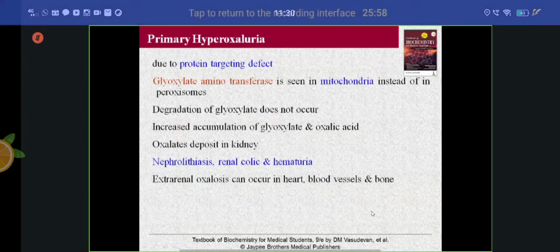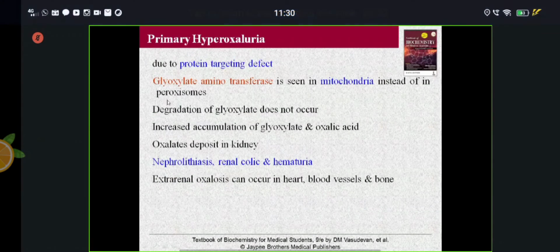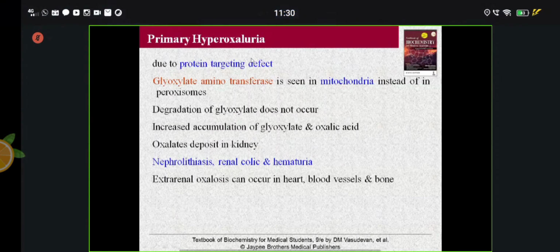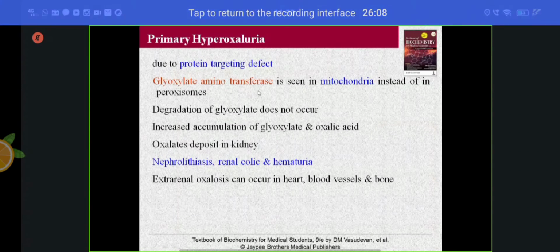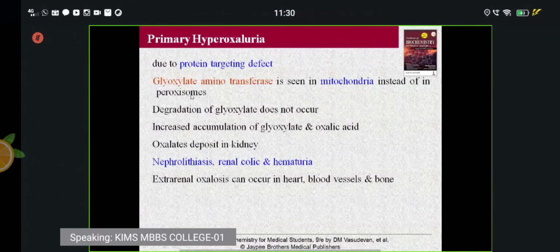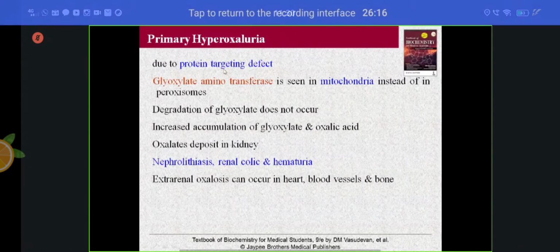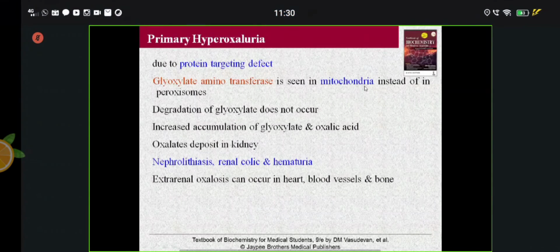Now coming to primary oxaluria. This is a protein targeting defect. Generally this enzyme is found in the peroxisomes, but in primary oxaluria, this enzyme is found in the mitochondria.